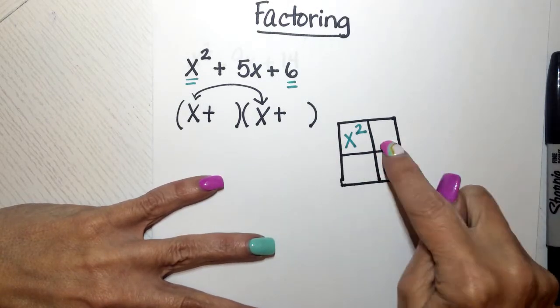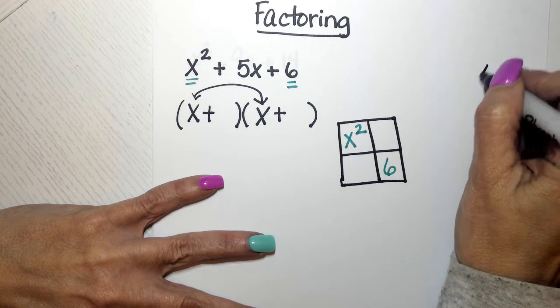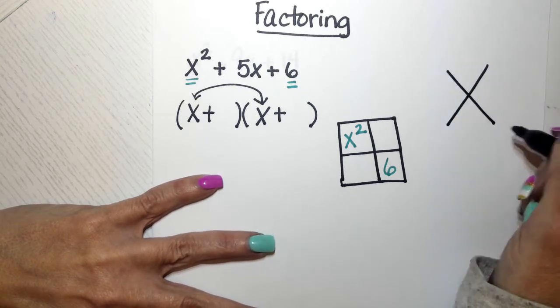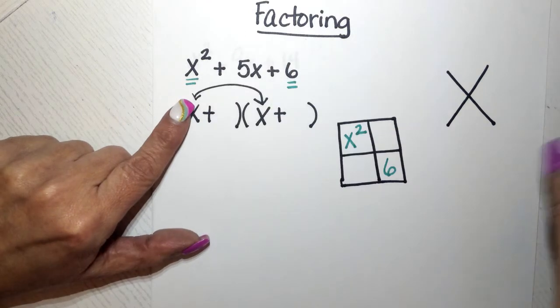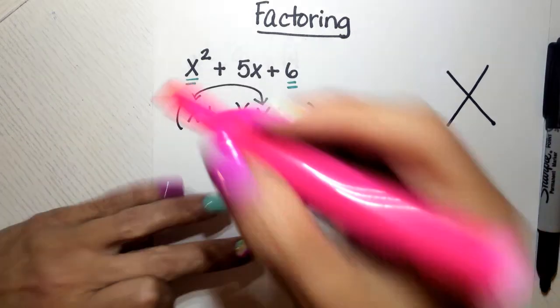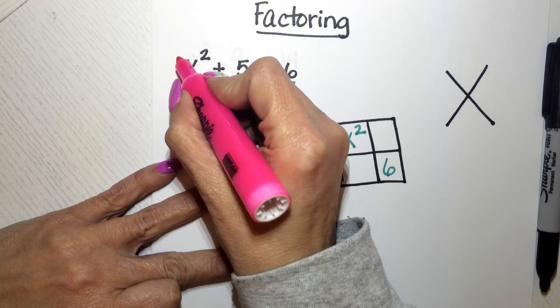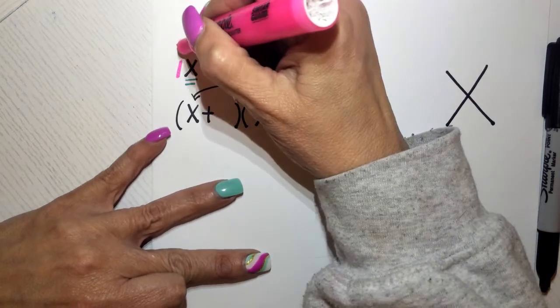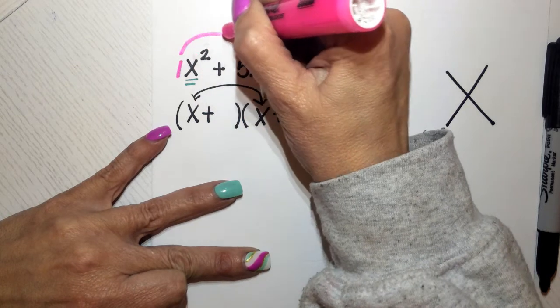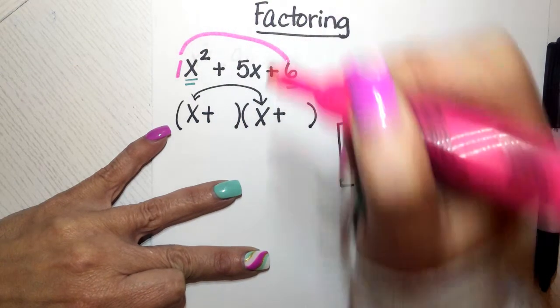What goes in these two corners is you are going to make an X, kind of like X marks the spot, and we are going to make what's called a rainbow. You take the number right here in the front, which in this case just happens to be a 1, and you make a rainbow from the 1 all the way to the other number.